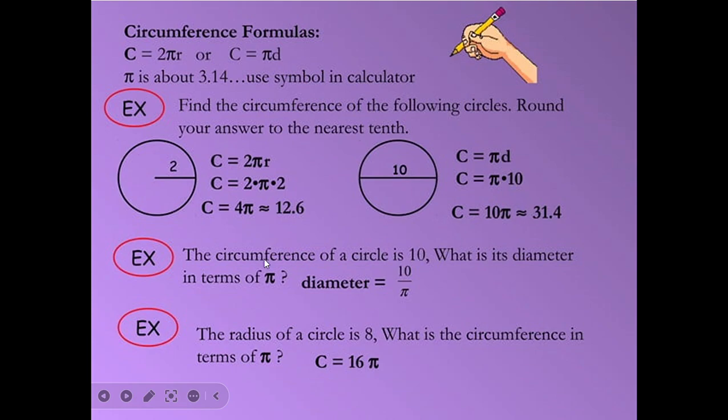Okay, another example. The circumference of a circle is 10. Given the circumference, what is its diameter in terms of pi?